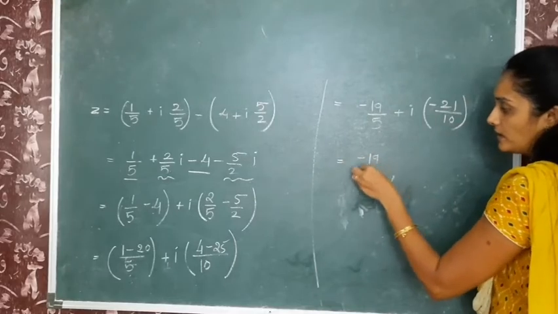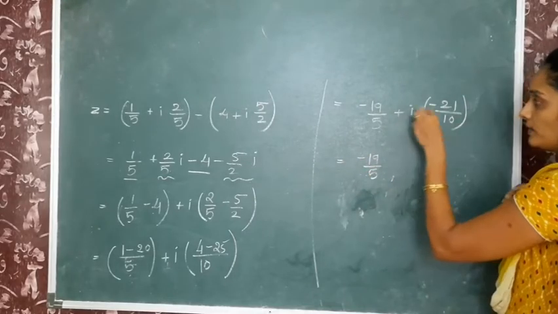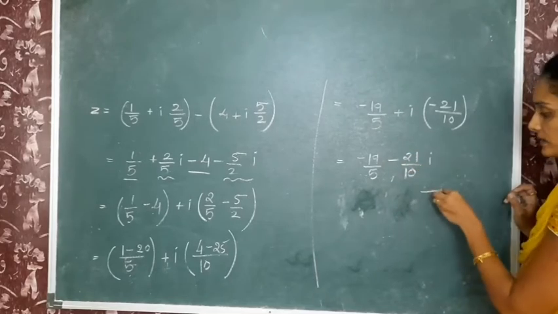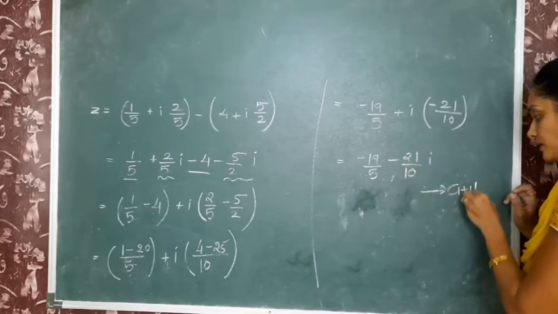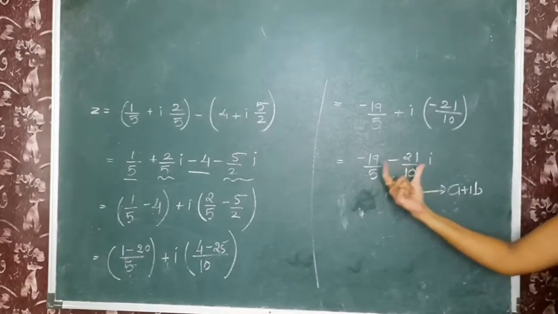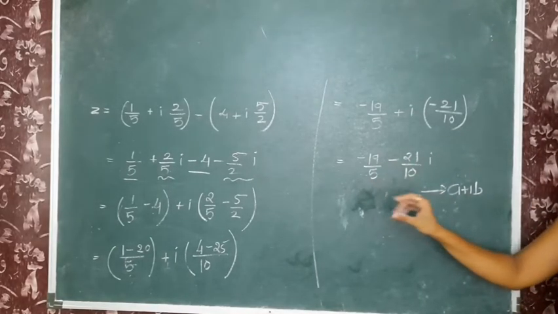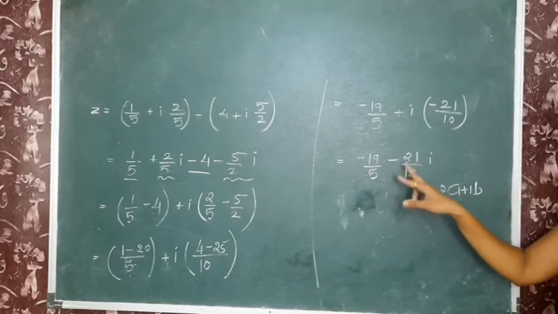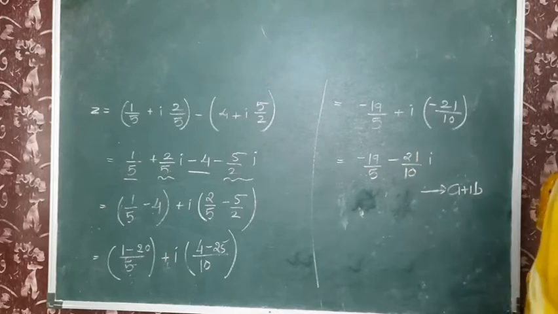So minus 19 by 5 plus minus 21 by 10 i. This is the a plus ib form, otherwise standard form. In this standard form, the real part is minus 19 by 5 and the imaginary part is minus 21 by 10.